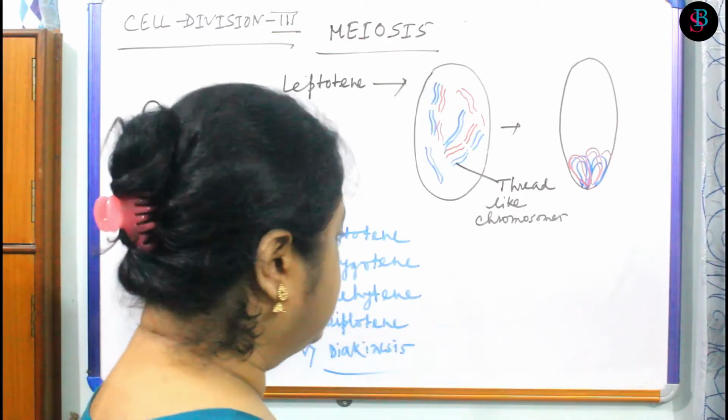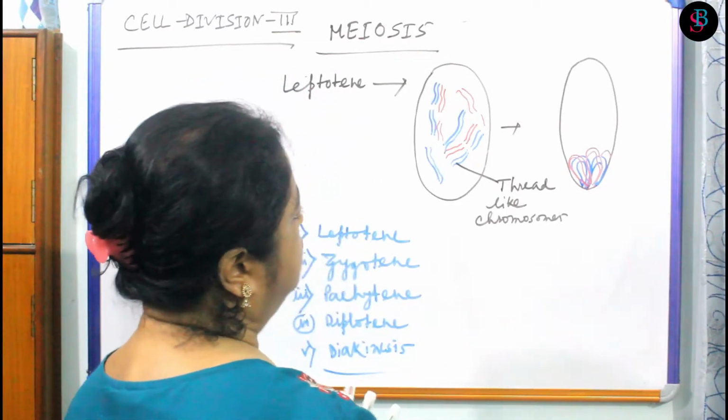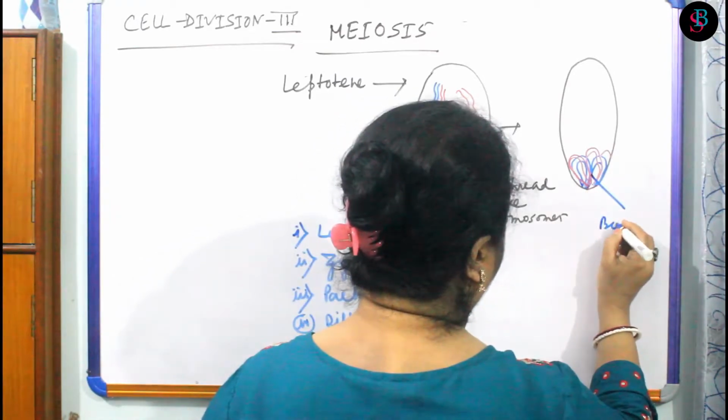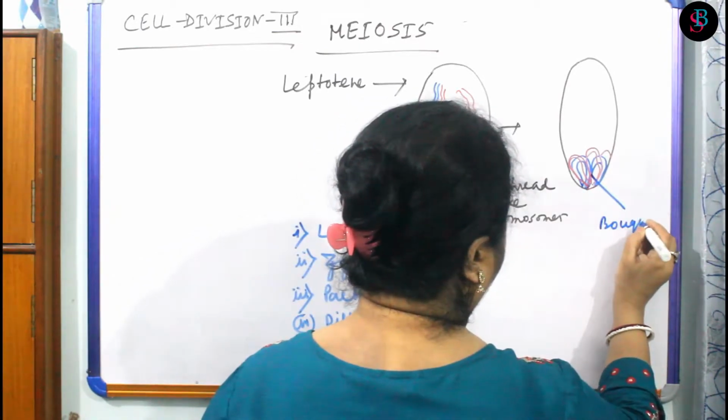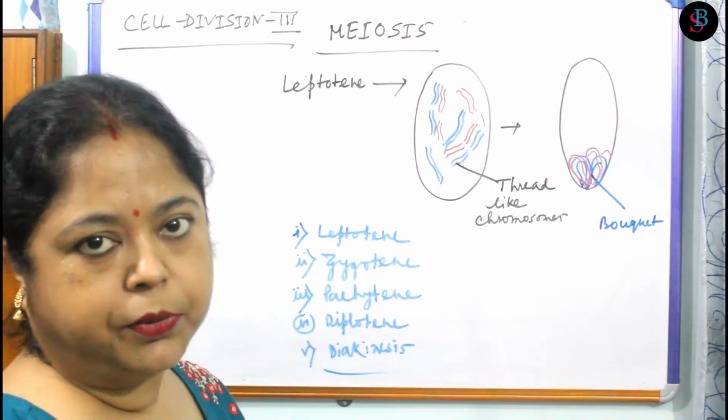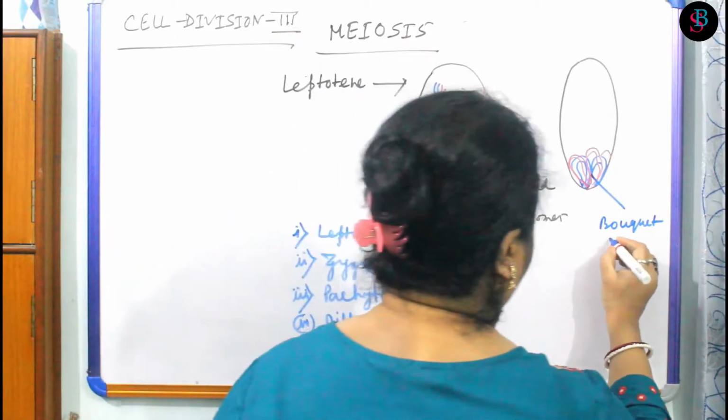So the bouquet stage is the characteristic of this phase. Bouquet is like a flower bouquet. It's looking like a bouquet according to the scientists, not according to me. Okay, bouquet stage.